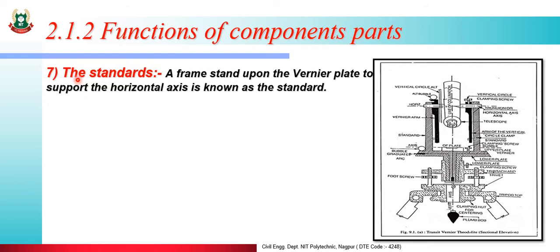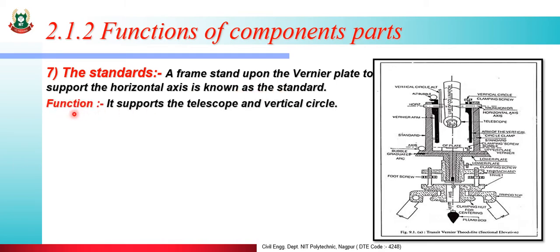Then the standards: the vertical hatching portion shown in the figure is known as standards. A frame that stands upon the vernier plate to support the horizontal axis is known as the standards. Function of standards: it supports the telescope and vertical circle. Then the vertical circle is used to measure the vertical angle.